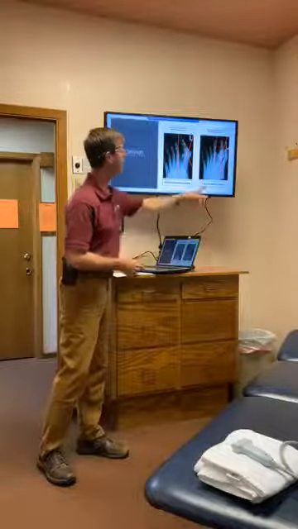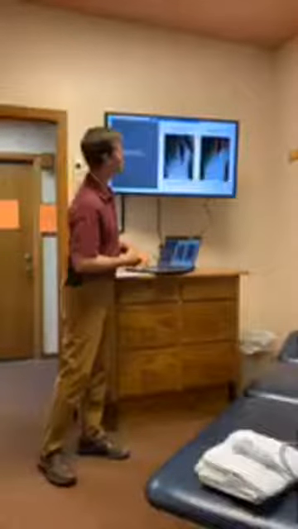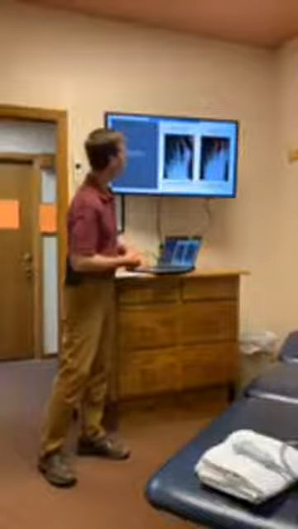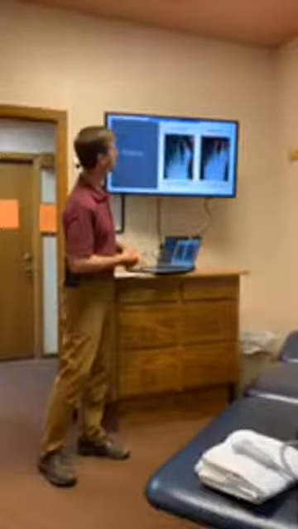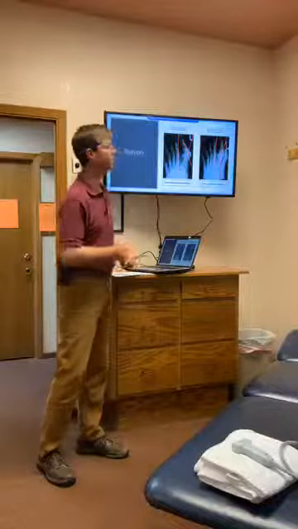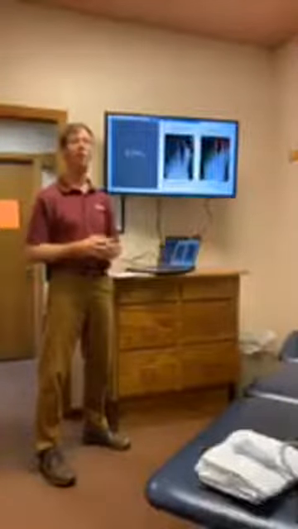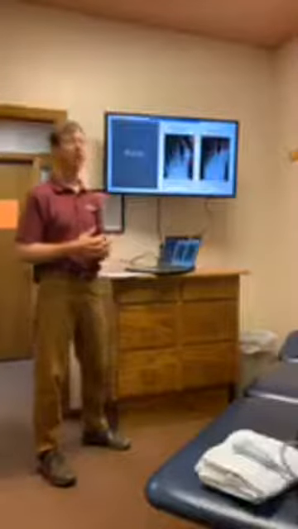And then here it's been corrected slightly, which then obviously changes the rest of the joint's function. So bunions can be very painful and debilitating when it comes to walking, standing, and can be corrected.